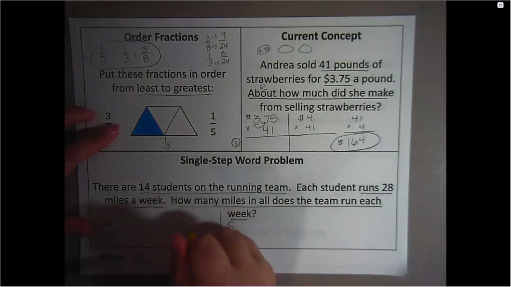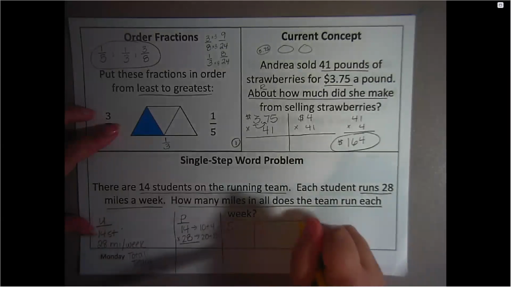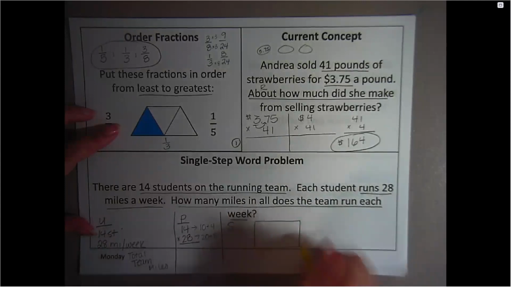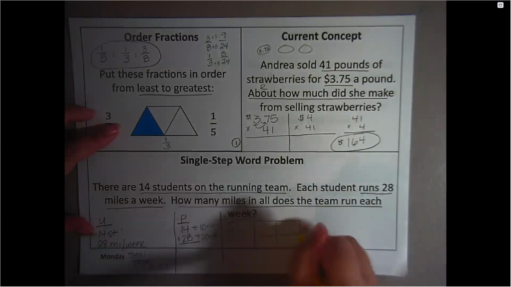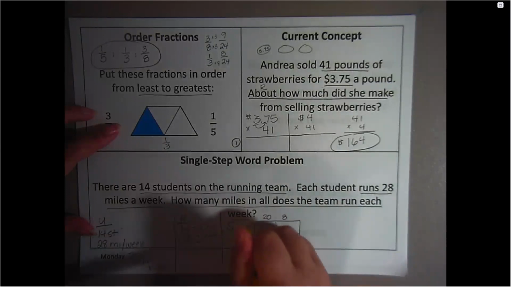And area model means that I expand 14 into 10 plus 4 and I expand 28 into 20 plus 8. So I'm going to make my area model box. All right. I have 4 windows because I have 20 plus 8 and I have 10 plus 4.